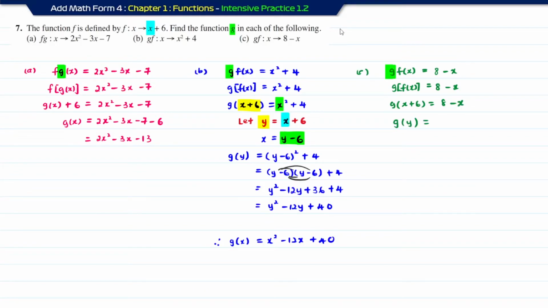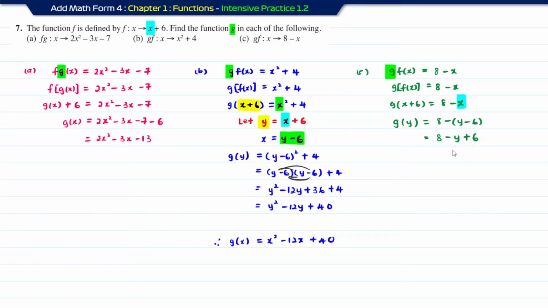And the x here, we're going to replace it with y minus 6. So you're going to have 8 minus, and for the x here, put a bracket and replace it with y minus 6.